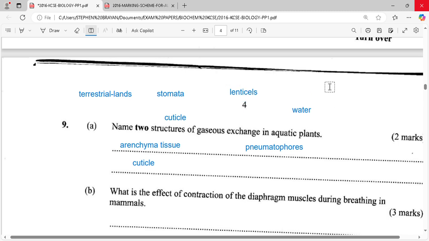That's why when you talk about types of transpiration, you have three types: stomatal transpiration, cuticular transpiration, and lenticular transpiration. So these are structures for gaseous exchange in terrestrial plants. And aquatic plants are plants that usually live in water. Their structures for gaseous exchange are parenchyma tissue, cuticle, and pneumatophores.